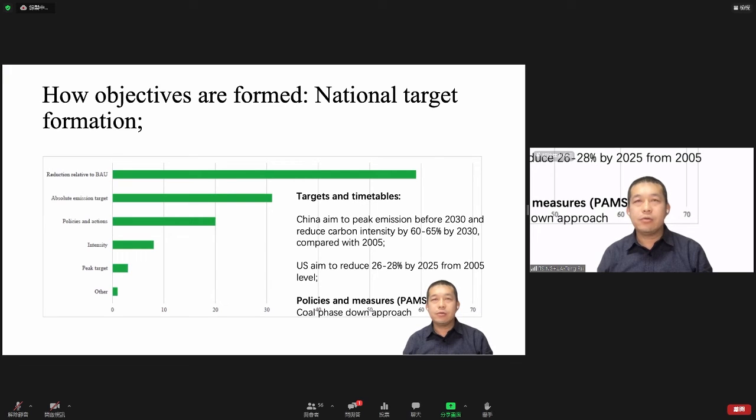And one interesting issue is why China and other developing countries use what we call a relative emission target based on intensity, but developed countries such as the US use absolute terms to reduce the emission, for example, 26 to 28. Does this mean developed countries have more ambition or not?